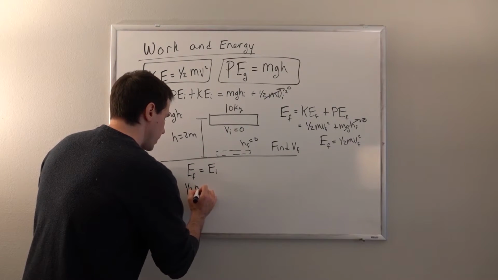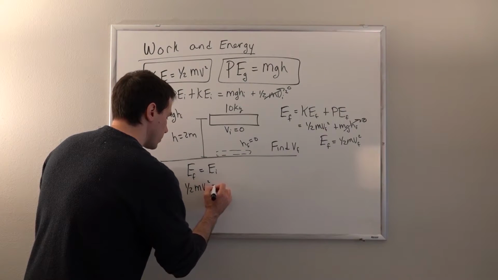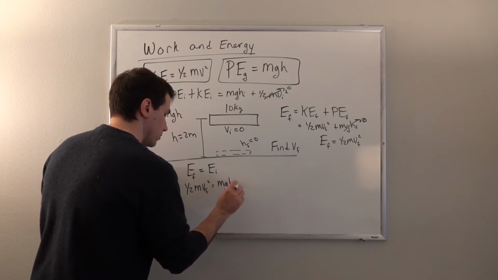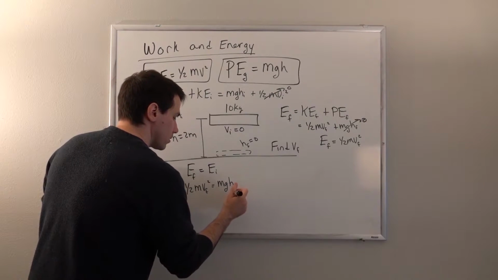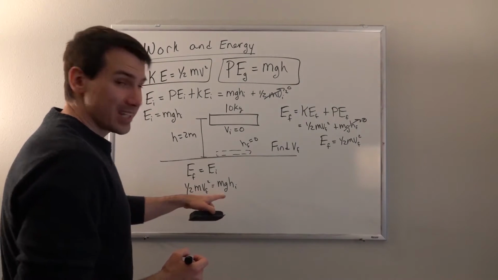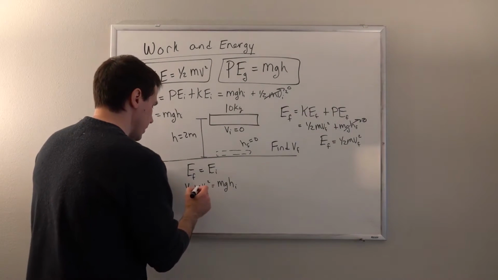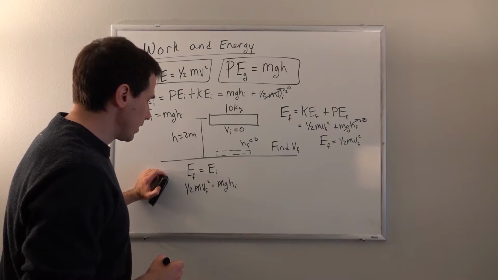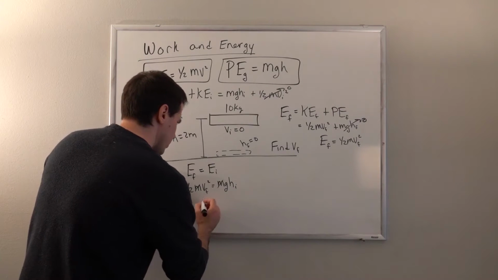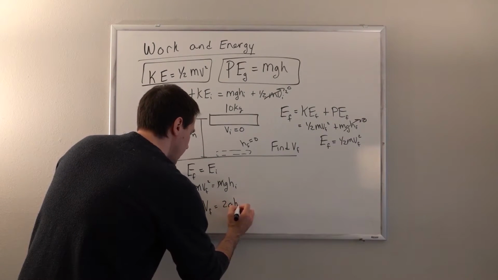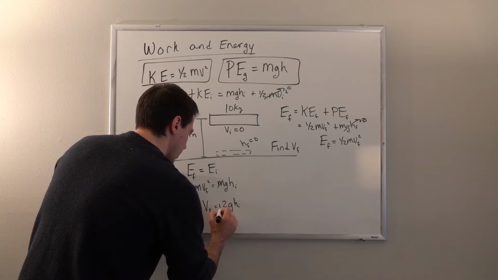That's 1/2 m v final squared equals mgh initial. And note that the masses cancel out, so that's nice. We didn't actually need to know the mass of the object. And if we solve for v final, we get the square root of 2gh initial, and then we square root both sides.